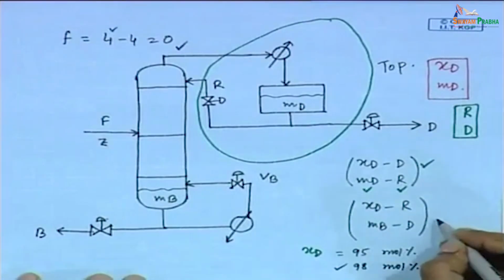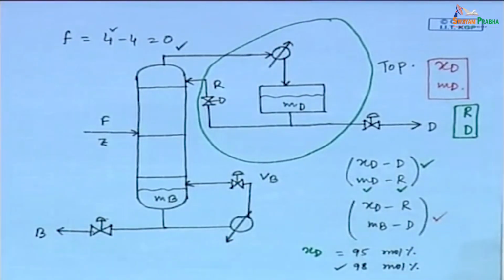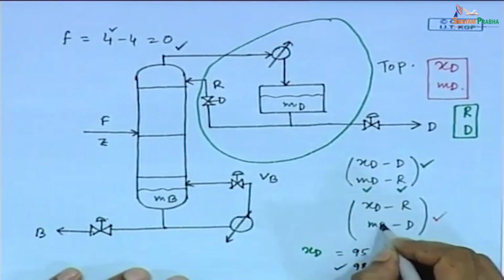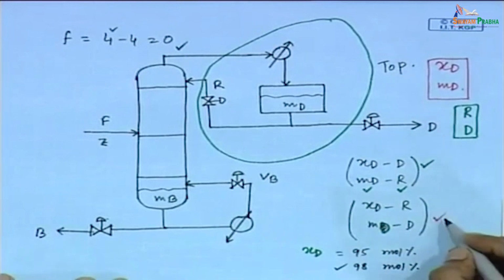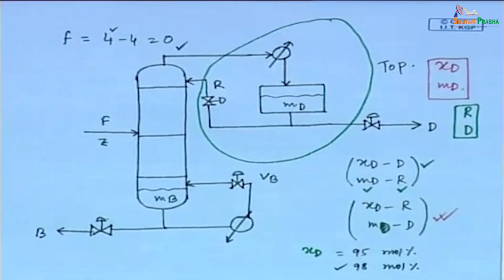We are again treating that stream in the process, so that some improvement can be achieved. Fine. So, XD versus D is not a good option, and the second option gets preference. I mean XD versus R, and this is not MB, this is MD. MD versus D, this is the best option among these two.